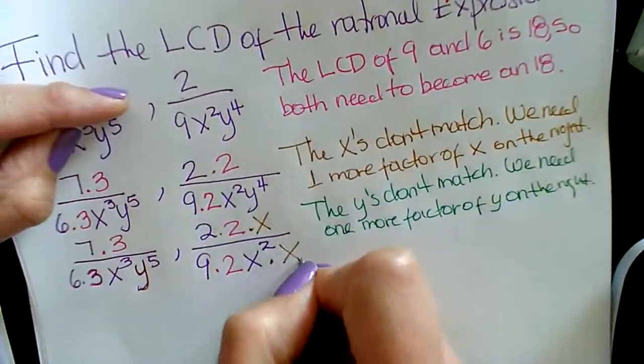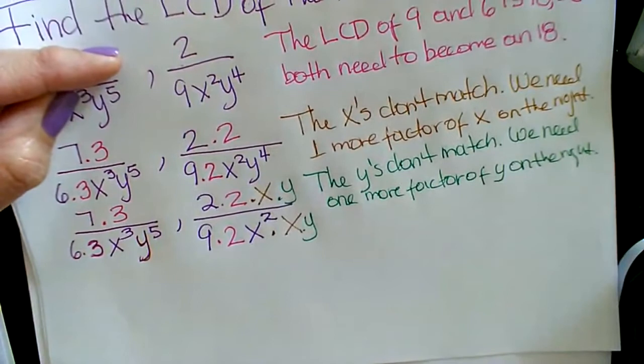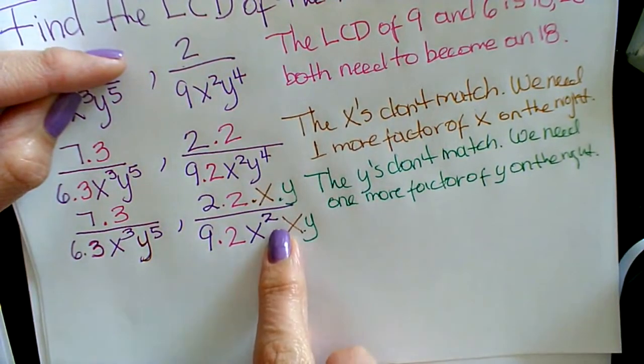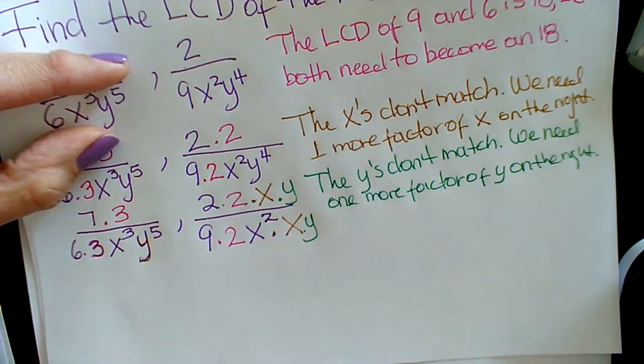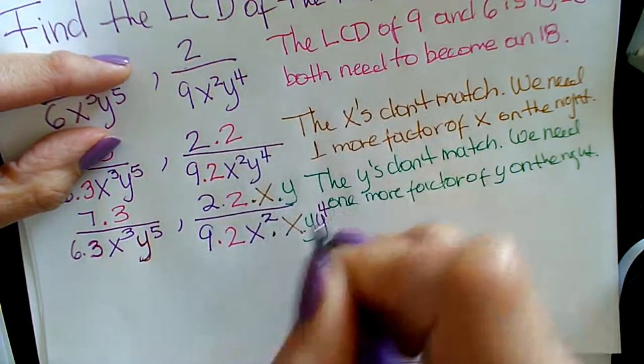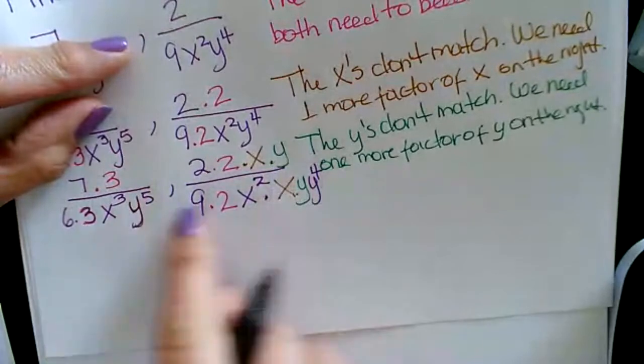So I need to multiply by y. Now I have y to the third. And right here, I already had y to the fourth. So I need to add one more. So now what do I have left? Now they look the same, the bottom.